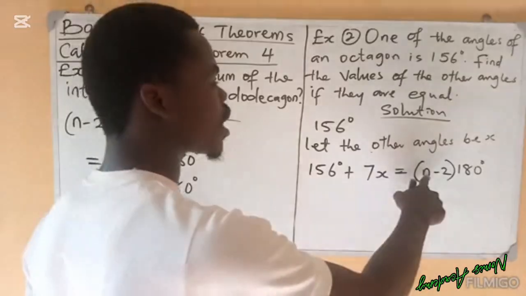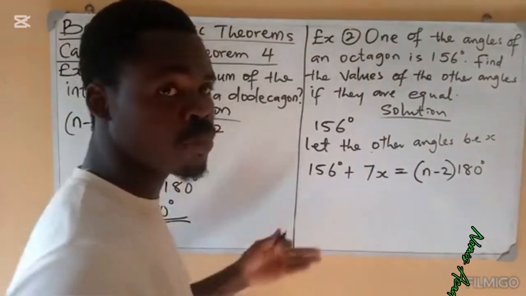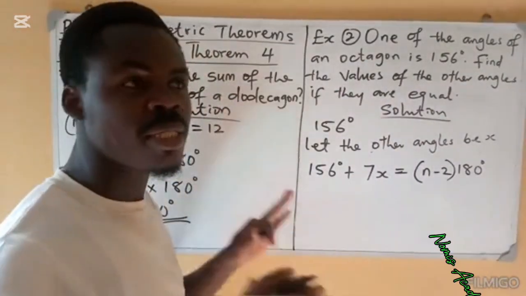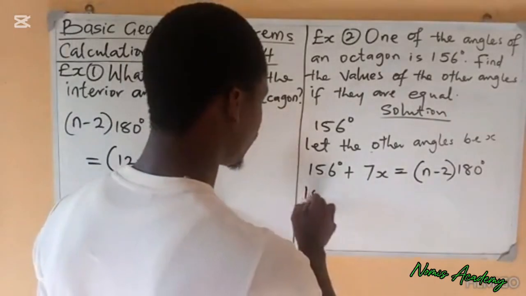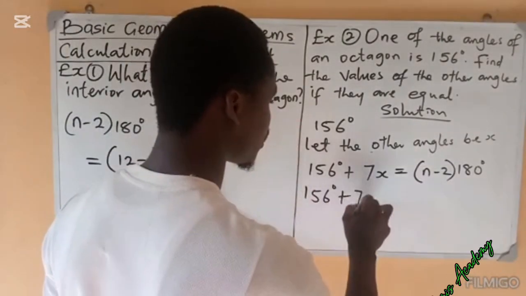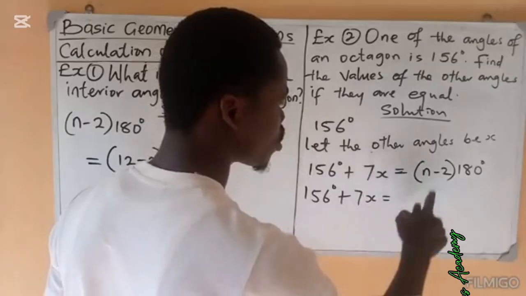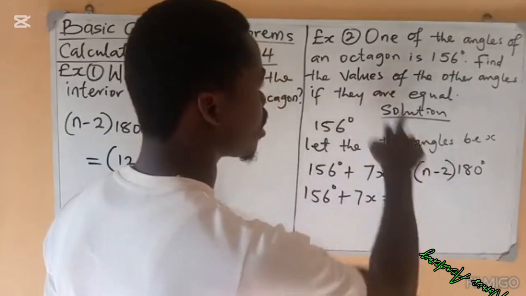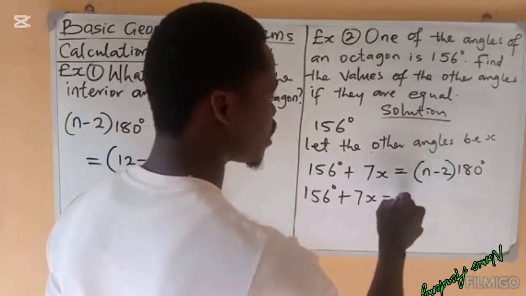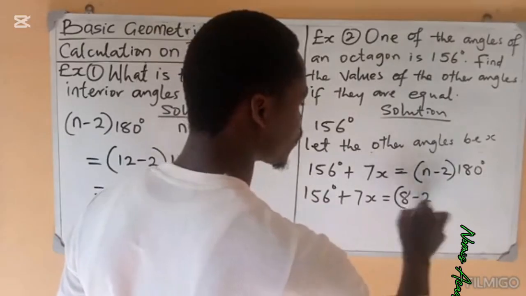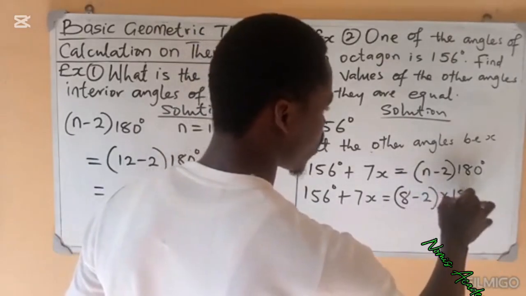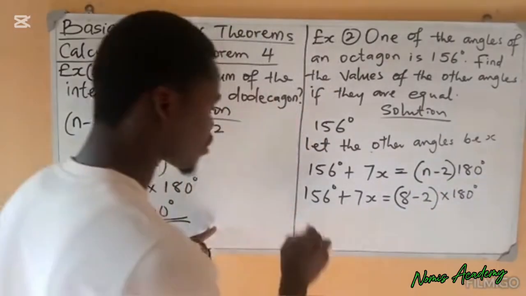Of course, we know what n stands for. An octagon is a polygon with 8 sides. So 156 degrees plus 7x equal to, we slot in 8. Octagon has 8 sides, 8 minus 2 multiplied by 180 degrees.